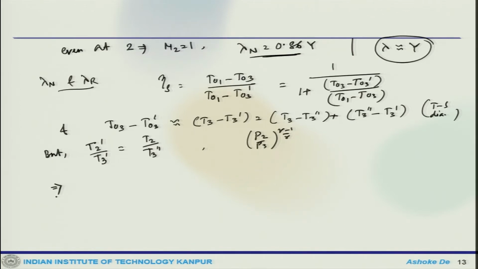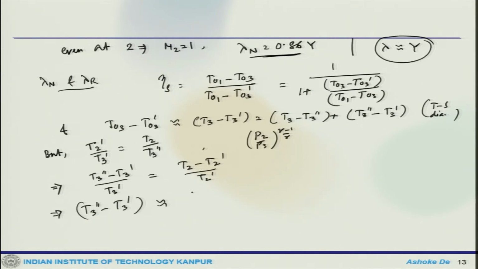So, we can further simplify the terms: T 3 double prime minus T 3 prime by T 3 prime, equal to T 2 minus T 2 prime by T 2 prime, which would be equal to T 2 minus T 2 prime times T 3 by T 2, since T 3 prime by T 2 prime is T 3 by T 2.